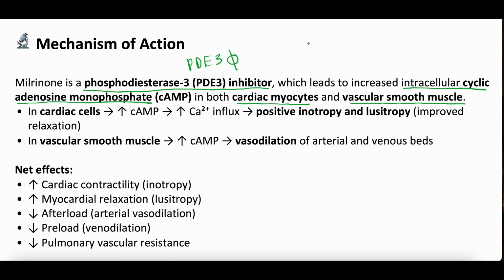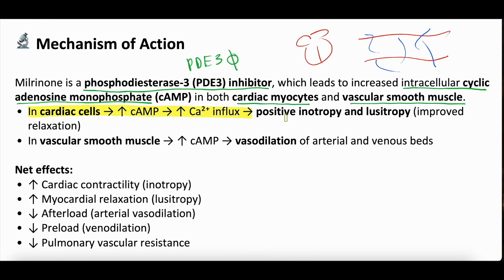So we're already getting a little hint here that this is going to affect the heart with cardiac myocytes, and it's going to affect smooth muscle on the blood vessels. So it's not just going to have cardiac effects, but it'll have peripheral blood vessel effects too. In cardiac cells, inhibiting phosphodiesterase 3 and increasing cAMP in cardiac myocytes increases the amount of calcium influxing into the myocardial muscular heart cells.